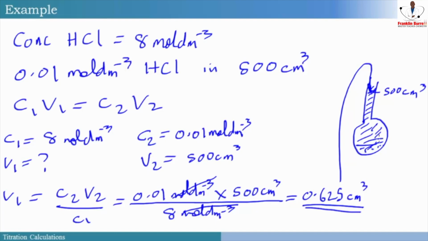And this will now be an accurately known concentration of 0.01 moles per dm cube HCl. And this is how we make up a standard solution by dilution.